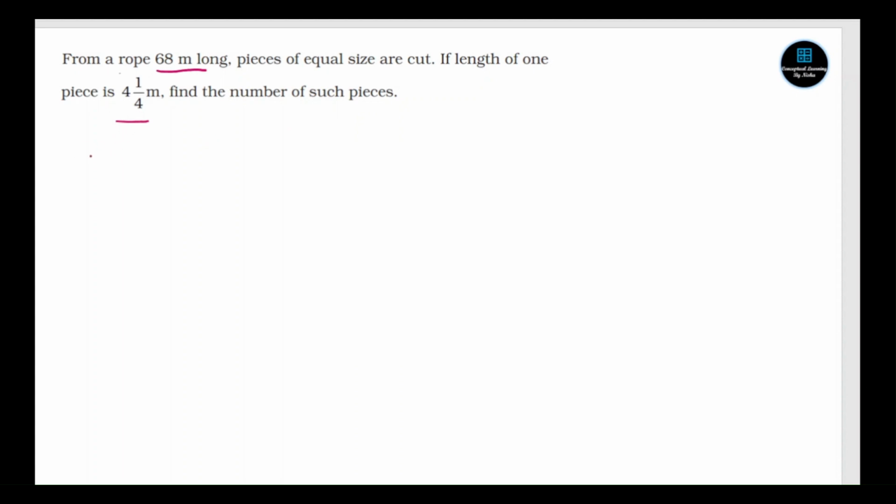So what I can say, the number of pieces equals 68 meter divided by, I'll write the unit later, okay? 68 divided by 1 and 1/2.